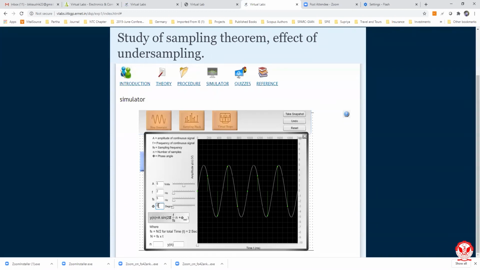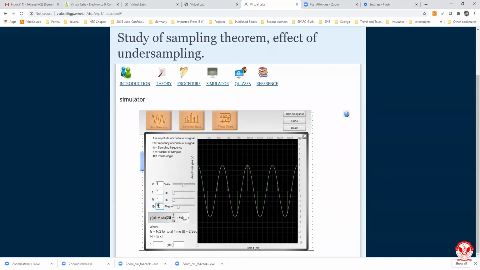Now we change the phase angle. We change the phase angle by 15. See what happens. The signal moves towards the left. Next, we change to 30. Again, the signal moves towards the left. We change the phase angle by 90. The signal moves toward the left.